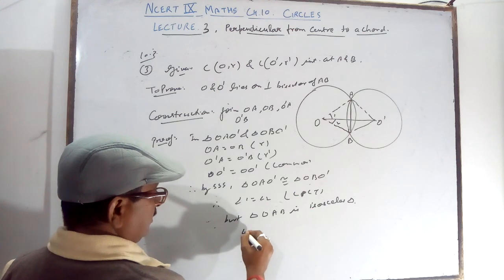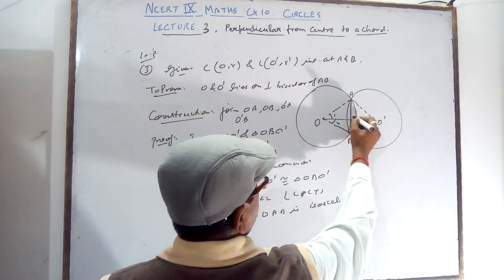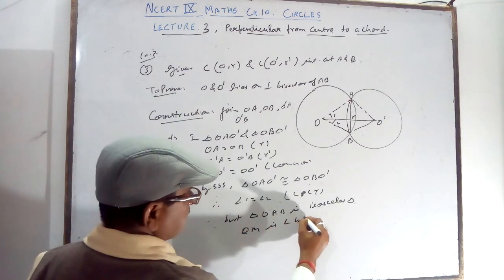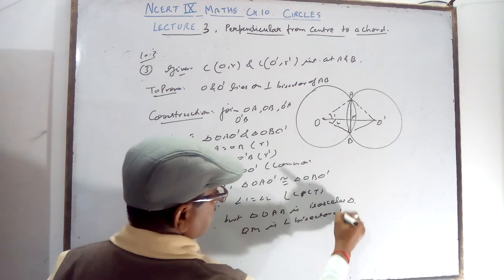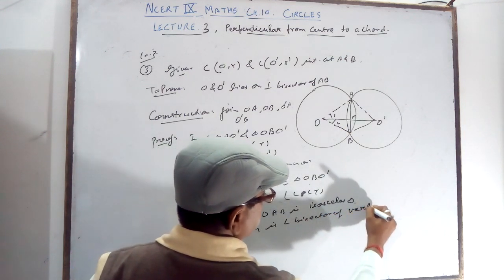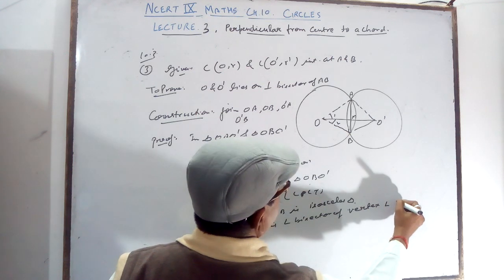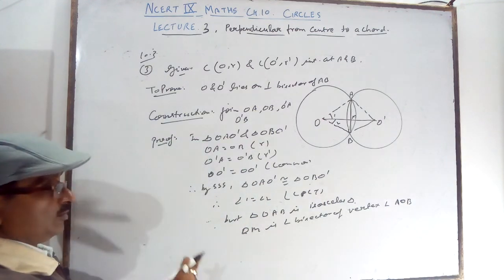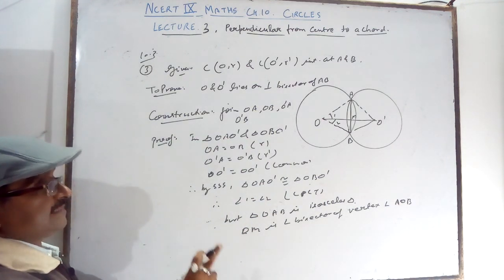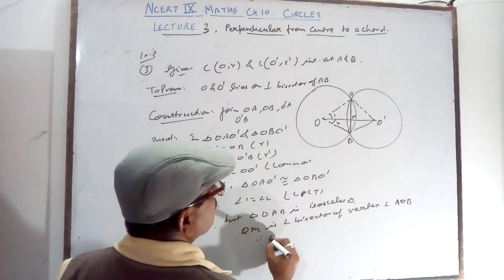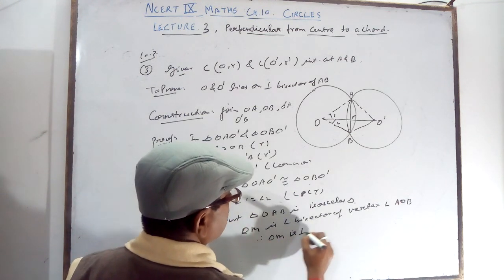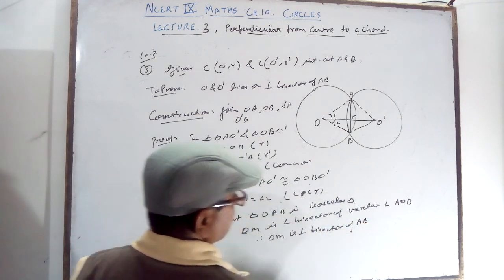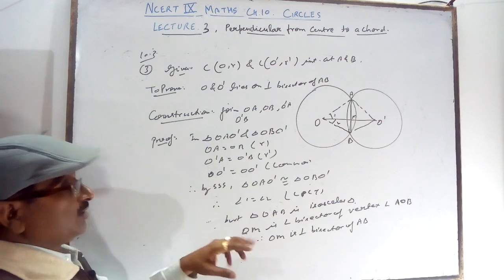So OM is the angle bisector of vertex angle AOB. So OM is the perpendicular bisector of AB.